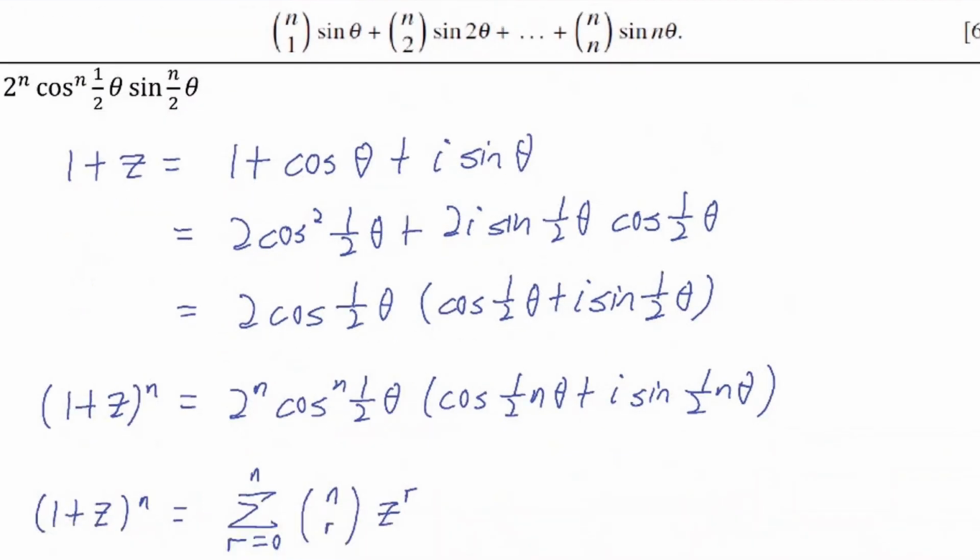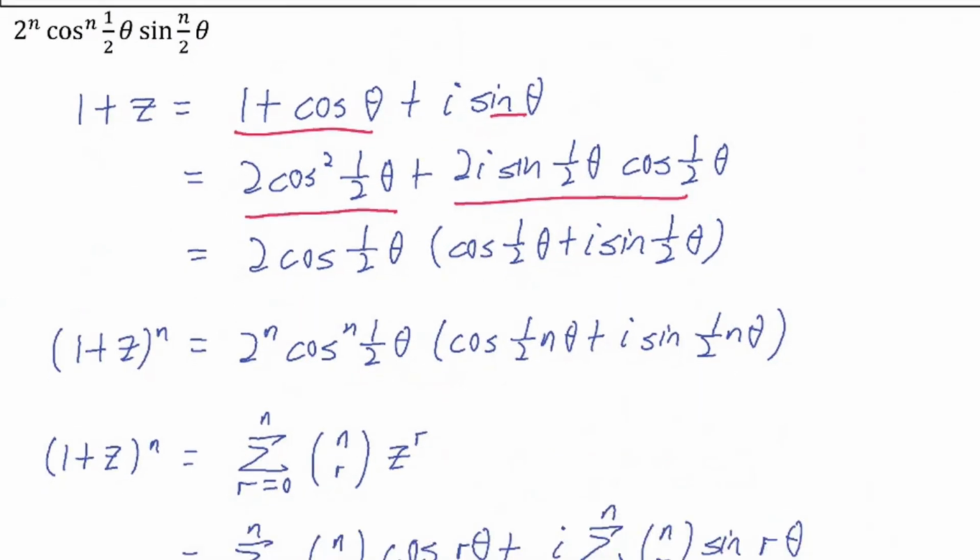So this is our 1 plus z. Then we use the double angle formula: 1 plus cos theta gives us 2 cos square half theta, and sin theta gives us 2 sin half theta cos half theta. The next step is to factorize the 2 cos half theta, so we can get the result from there already.